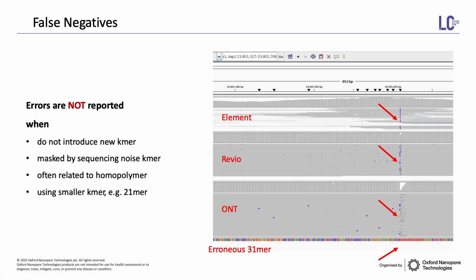More critically, some real errors can be missed, particularly around the homopolymers, if they do not introduce a new k-mer or are masked by the sequencing noise. This problem cannot be fully resolved even using a larger 31-mer.